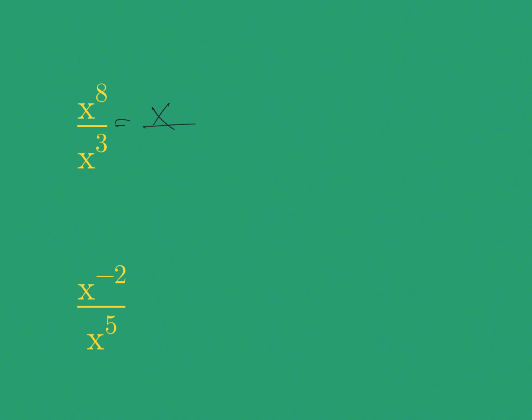So we're going to hold the x's up top, and we should be able to take the 8 minus the 3, which would be 5. So right there, x to the 8th divided by x to the 3rd should render x to the 5th.